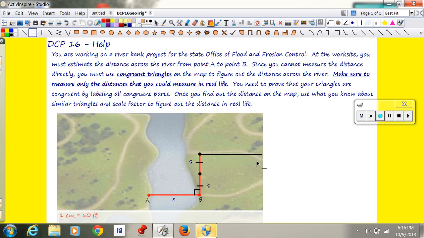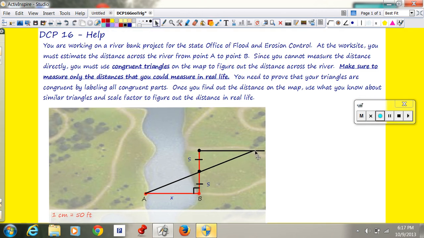But the last thing you'd want to do then is to make a line that would connect A with this midpoint, and then you would connect it right here, and what you'd have is 2 congruent triangles. So then you could erase this part of this line right here so that it looks like a triangle.